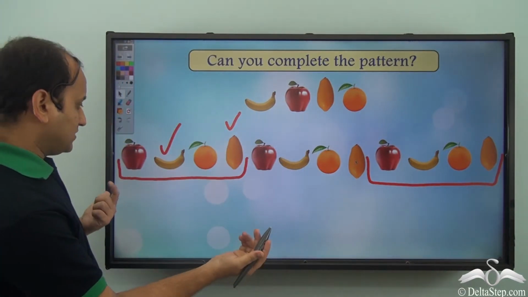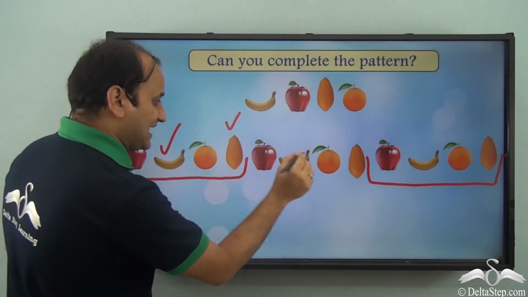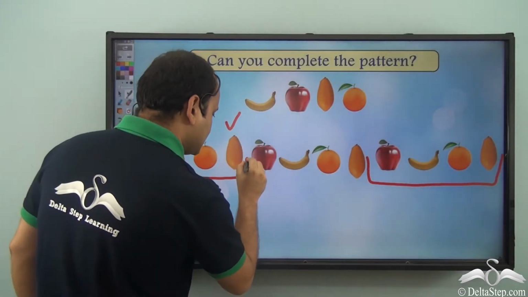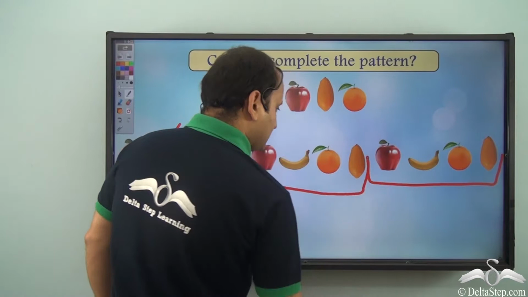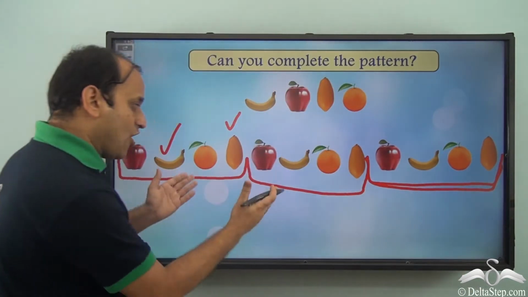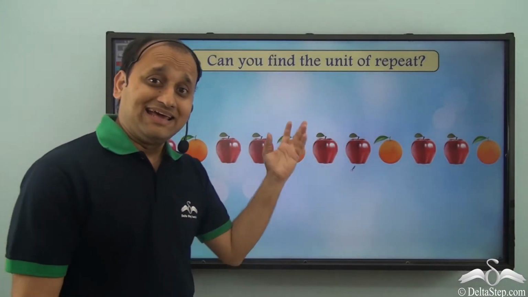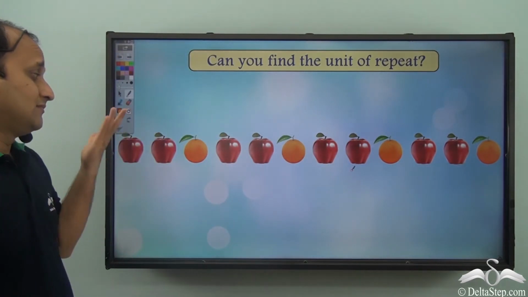Now do we have a pattern? Well, we do. So this is one unit, and exactly this unit is being repeated here, and then again here. So now we have a pattern. Now can you find the unit of repeat in this case?